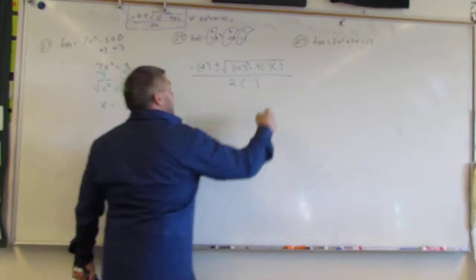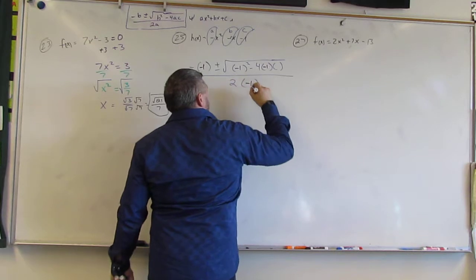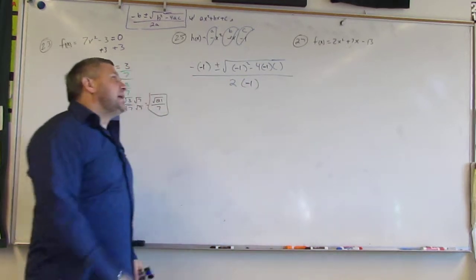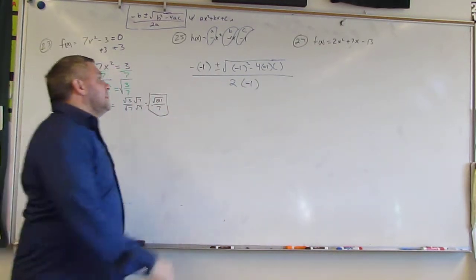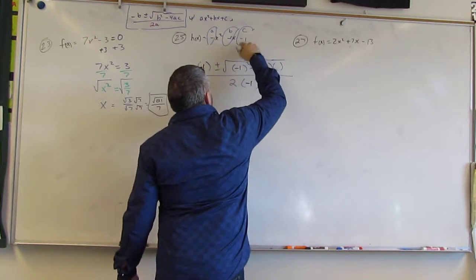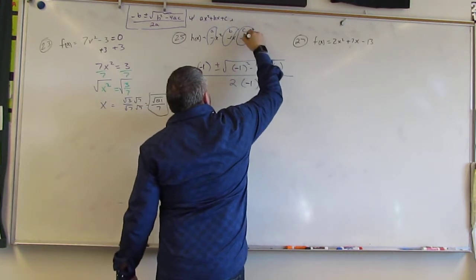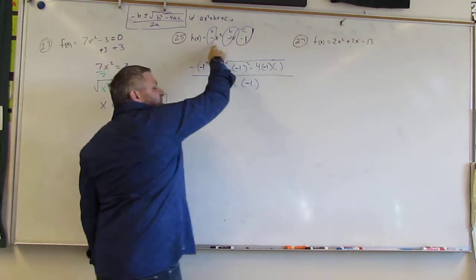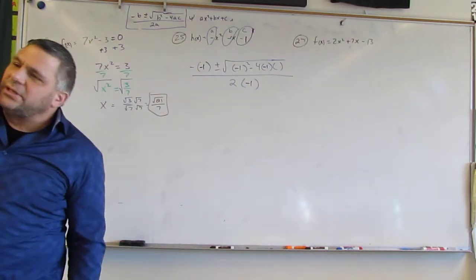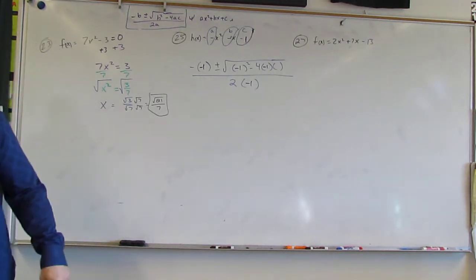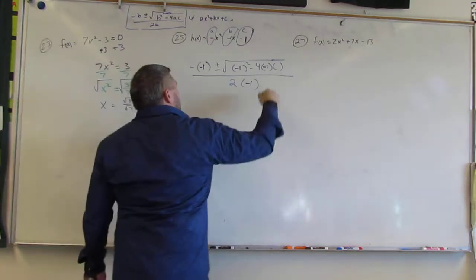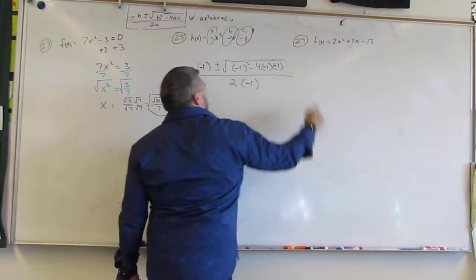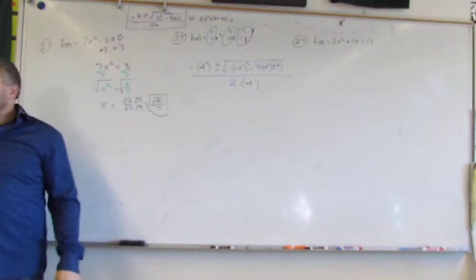Minus 1. And what's C? Oops, sorry about that. I should have circled that whole thing. Notice how I did not circle the X's. I only circled the numbers. So, C is also minus 1, right?